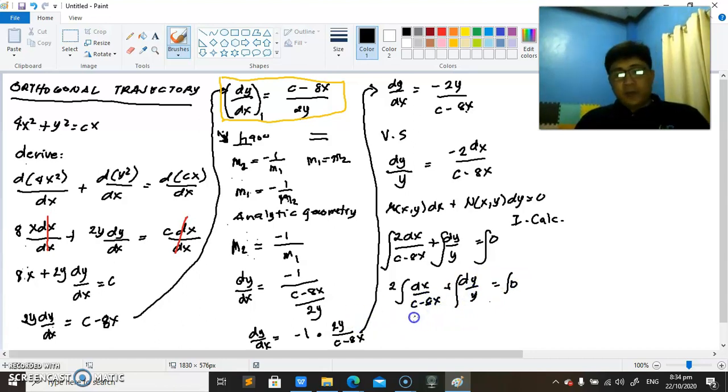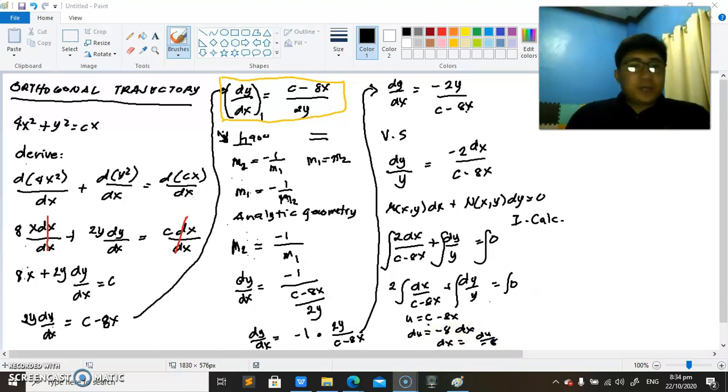Here we can use u as our c minus 8x, where c is a constant. Your du is equal to the derivative of a constant, that is 0, and the derivative of this one is negative 8 dx. Therefore your dx is just equivalent to du over negative 8.